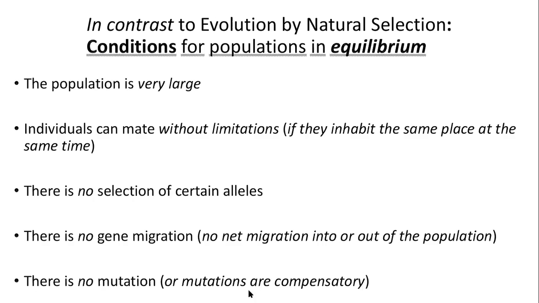There's no gene migration, meaning you don't have a different population come in and join your population and bring their own genes with them, and no mutations, or mutations are just simple little mutations. You can see this in certain populations, but this is not very common at all in nature.